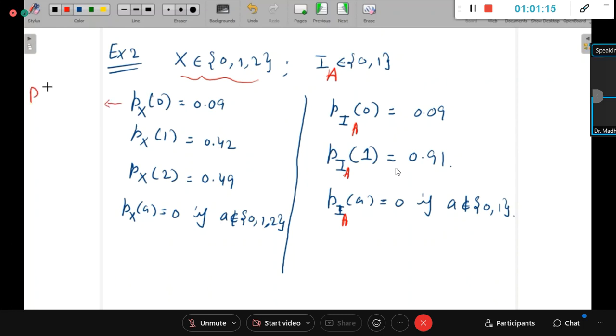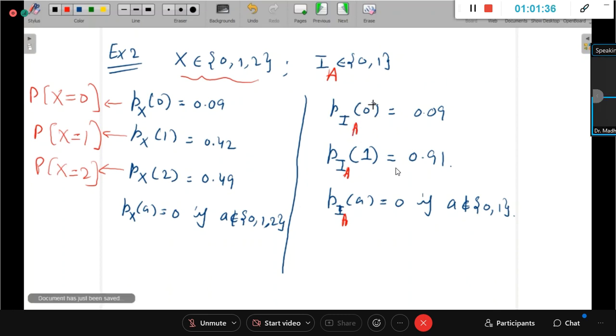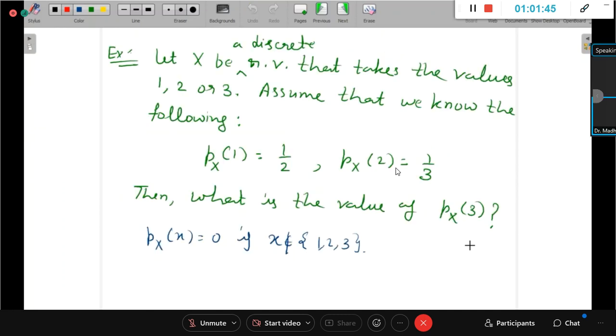By definition, probability of X equals 0 means none of them is acceptable, probability of X equals 1 means one of them is acceptable, and probability of X equals 2 means both of them are acceptable. Other than that is 0. Similarly here, event A does not occur, or event A occurs with the given probability. So both satisfy the probability mass function definition.